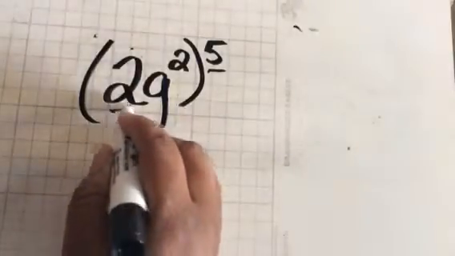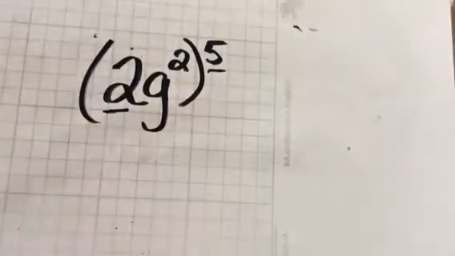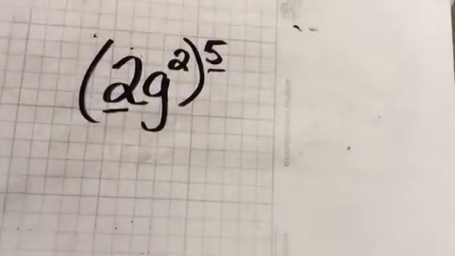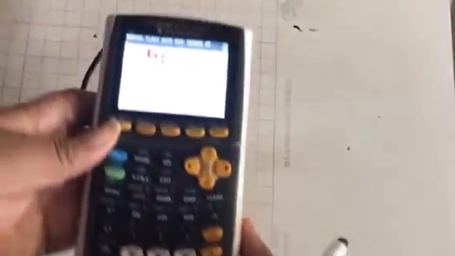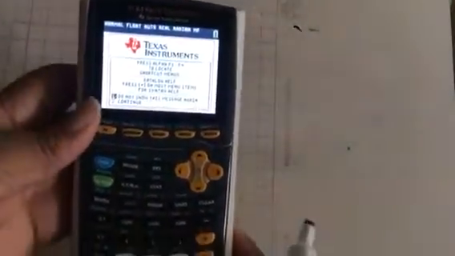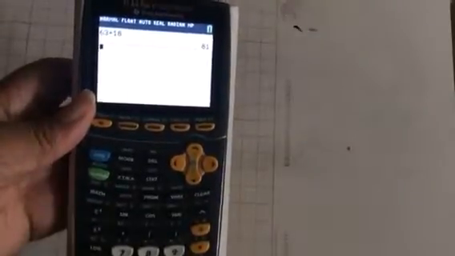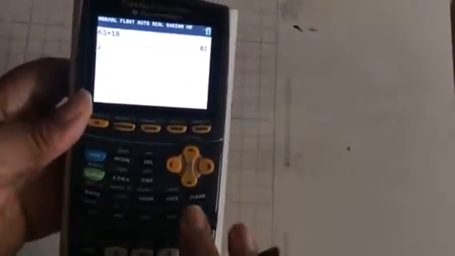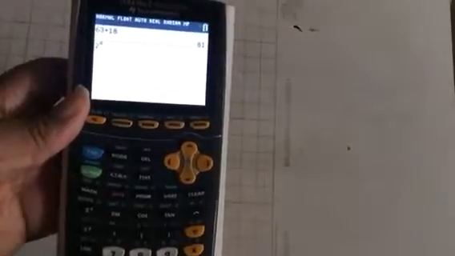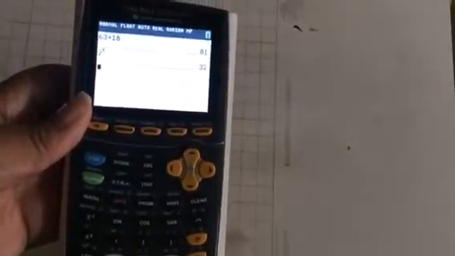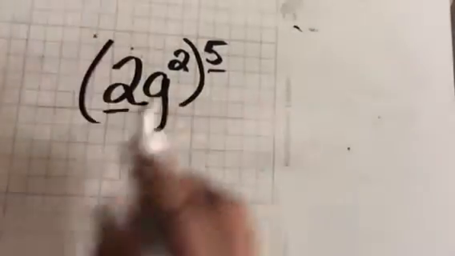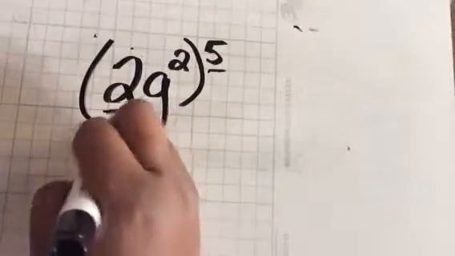Now to raise the 2 to the 5th power, just like you learned when you learned exponents in the 5th grade, you raise 2 to the 5th power, and you get 32. You're not multiplying 2 times 5. It's 32.